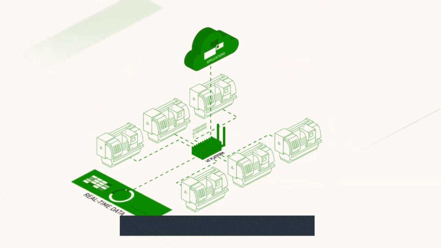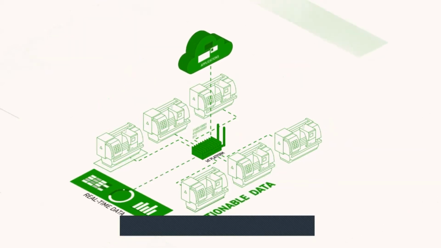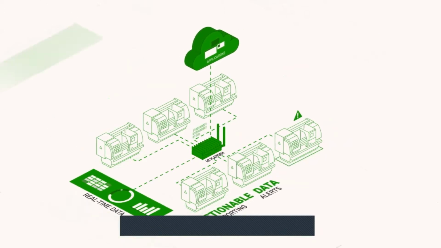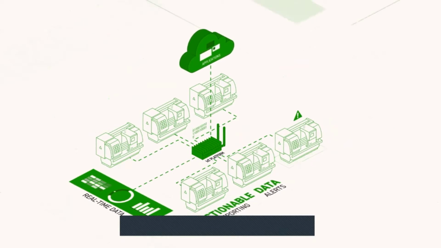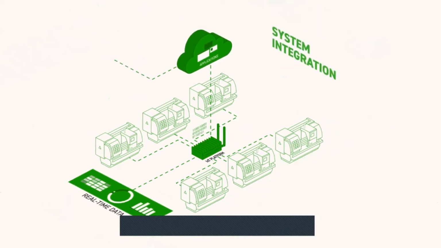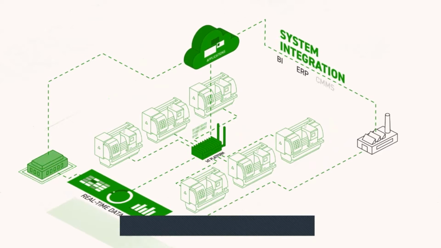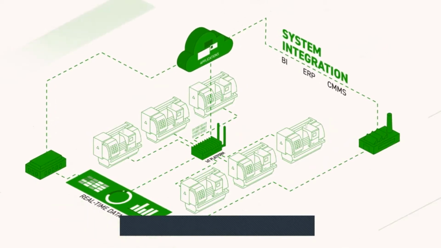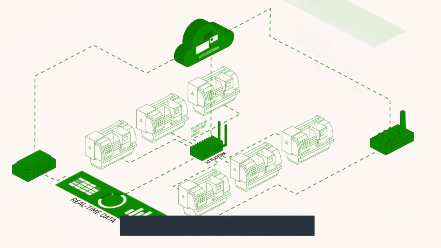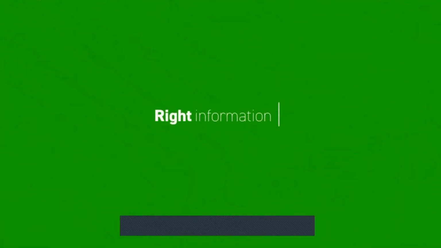Real-time shop floor dashboards, machine production and condition monitoring, historical reporting, and automated alerts instantly enable visibility and analytics to help your team understand the big picture. Build your own apps or seamlessly connect with your current shop floor systems to easily integrate machine data across your digital factory. Machine Metrics will help your team deliver the right information to the right person at the right time.